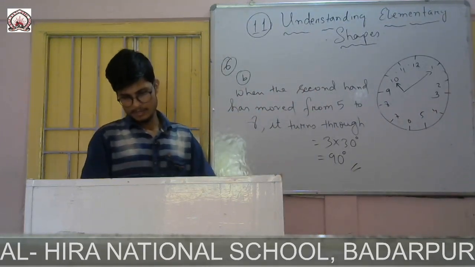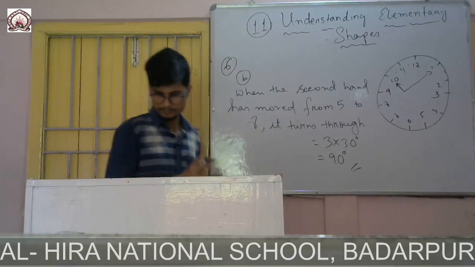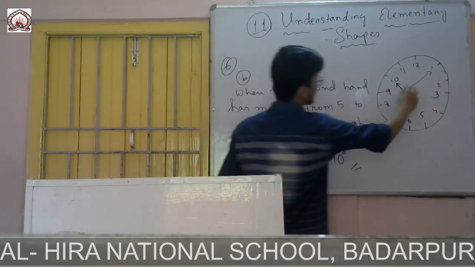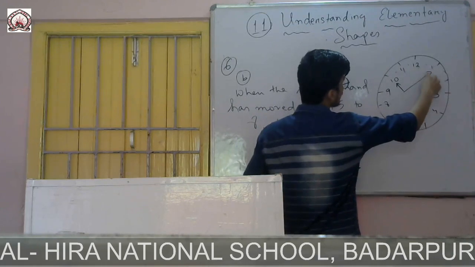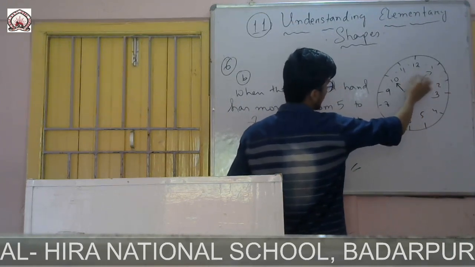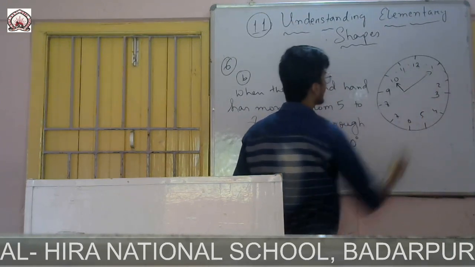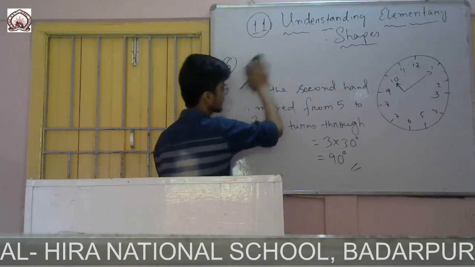So you write, what we have understood is that if it turns 90 degrees from 10, then it will go up to 1. So C, right?